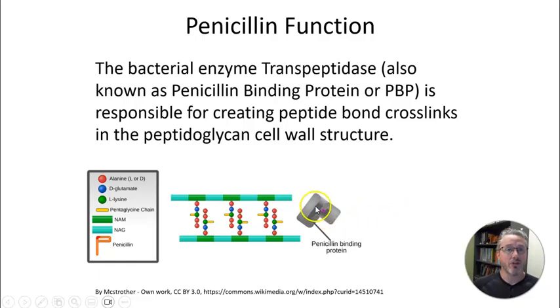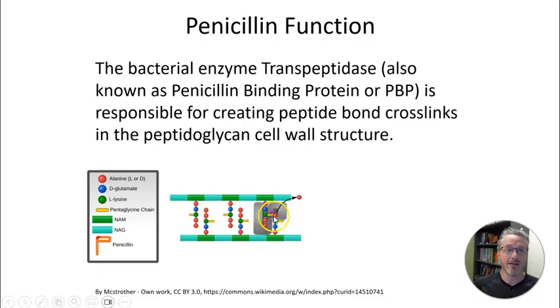So this enzyme should approach this not yet complete peptidoglycan structure, and it should bind the amino acid chain connected to one NAM and create a new peptide bond connecting that amino acid chain to the amino acid chain on another NAM.